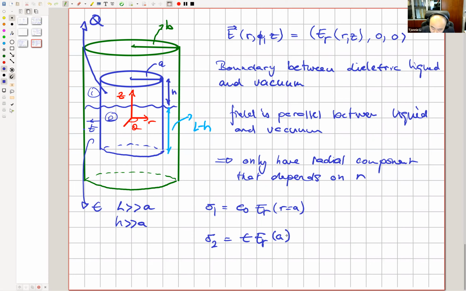Now, the two of these are related to each other because they are bound by the total charge.